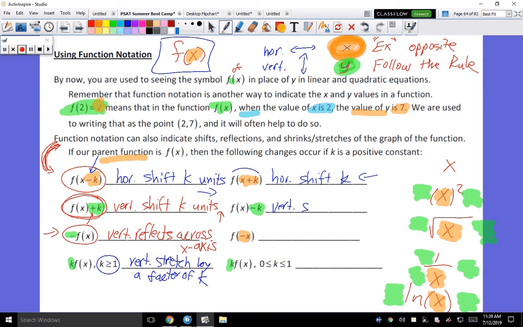Vertical shift. K down. Here's where that ex-wife or that ex-girlfriend, whatever ex-boyfriend comes into play. You're going to do the opposite. This is a what? Horizontal reflection, right? So reflection across the y-axis.